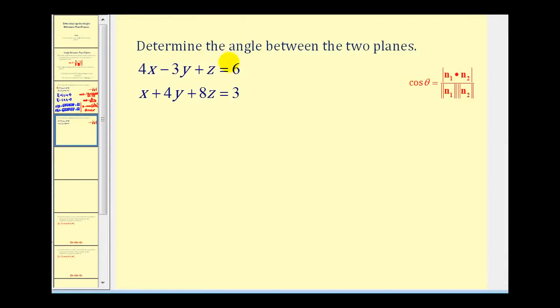Let's go ahead and identify the two normal vectors. Looking at this first equation, the components of the first normal vector will be 4, negative 3, 1. And the components of the second normal vector, or the normal vector to the second plane, will be 1, 4, 8.